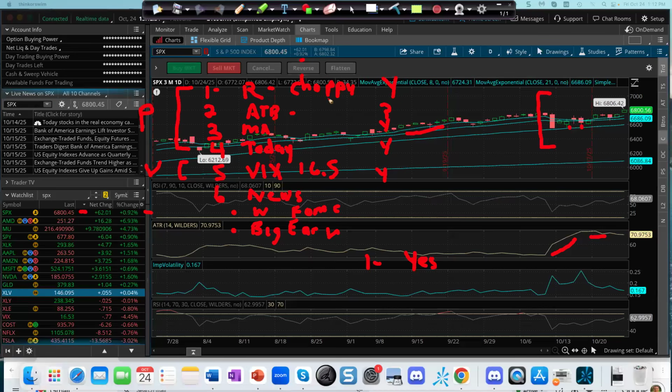But because of the choppiness, because of ATR going up, because the candles are still quite big and we're at the upper end here price wise, I might say, you know what, size wise, I would trade maybe 60% of my normal size, right?